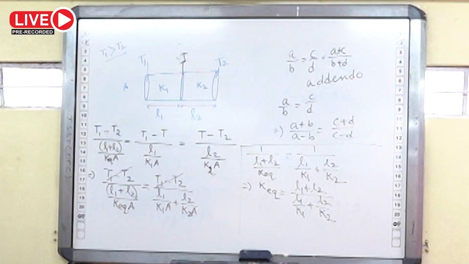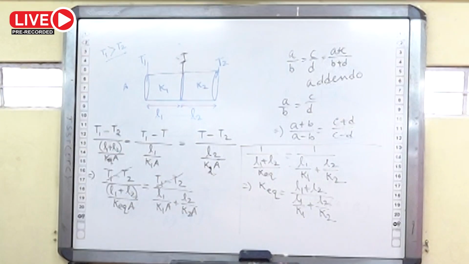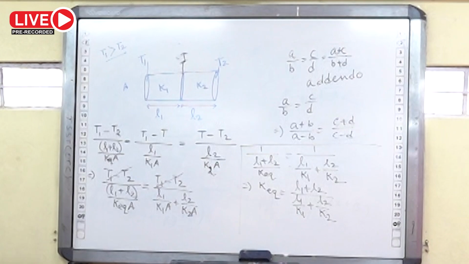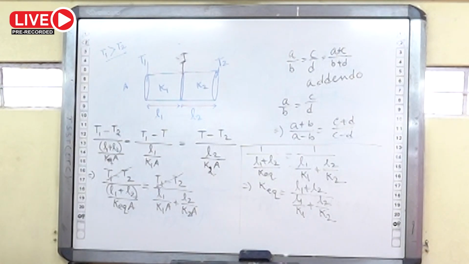It will come 2 K1 K2 by K1 plus K2. That is the series combination of conductivities. That formula will come if you put L1 equal to L and L2 equal to L.